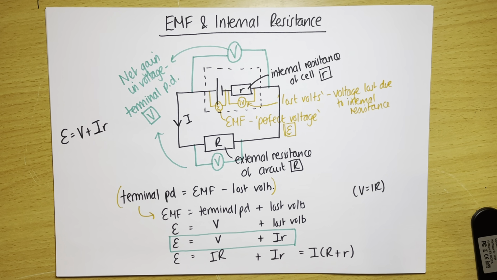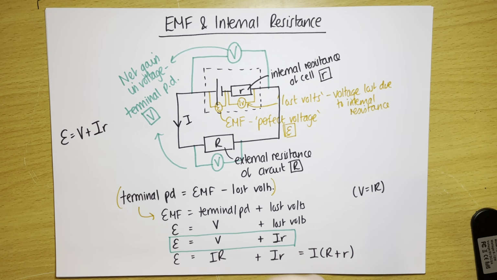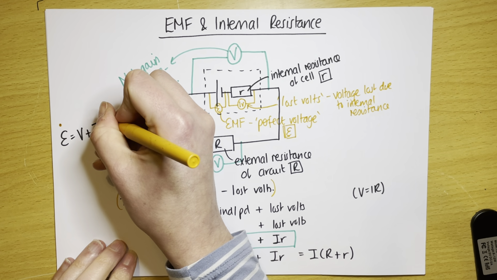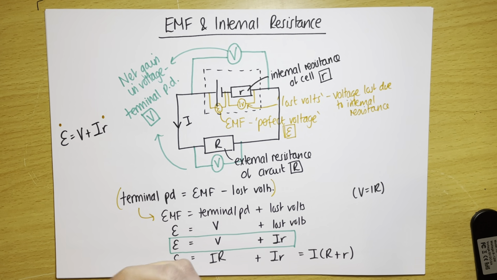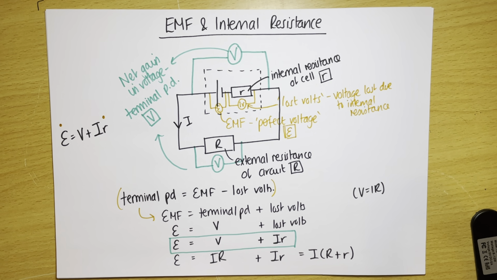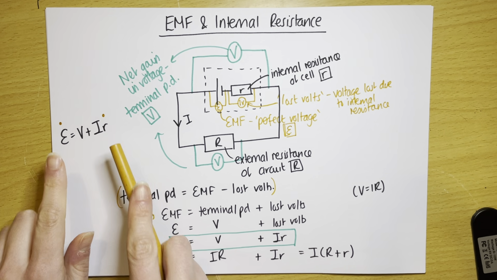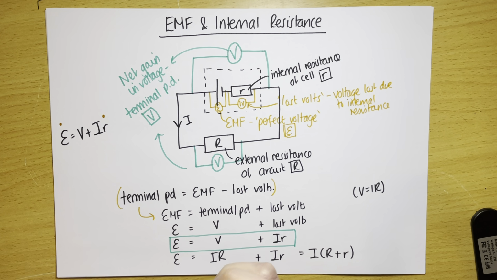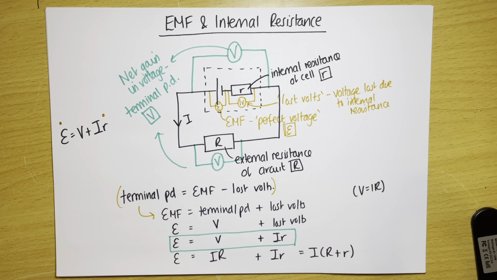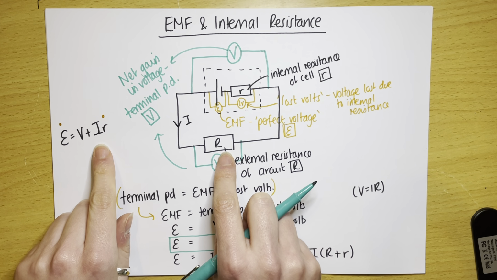Over a short period of time, like an experiment, two things in this will stay constant, and that is the EMF and the internal resistance. You do find that the internal resistance can increase over time, but that's over a long time, not for one experiment. And in a circuit, we can vary current by varying external resistance.